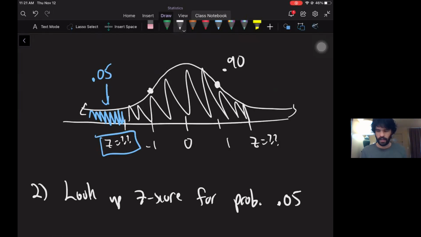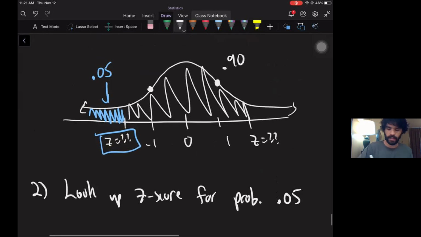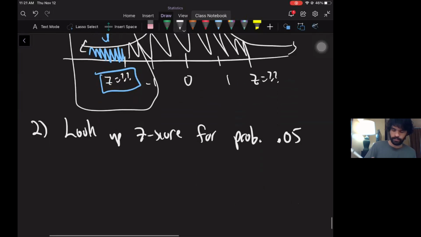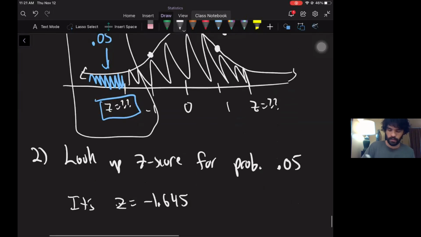If I type 0.05 into the probability, it'll tell me the z-score where the probability to the left of that z-score is 0.05, but that's exactly what this situation is right there. So if I type that in, it'll be -1.645. That's the z-score you'll get. Now, because I'm looking for two z-scores, I'm going to call this one z1 and the other one z2. So I'll call this one z1 because it's the first one I found.